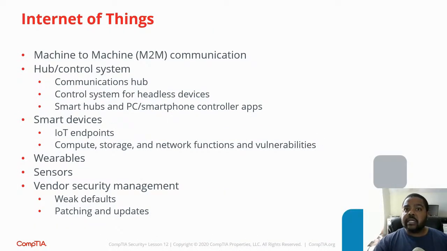So I kind of touched on the Internet of Things earlier with the embedded systems, but just to dive deeper into that, Internet of Things could be anything that connects to the internet and then desires some type of communication.